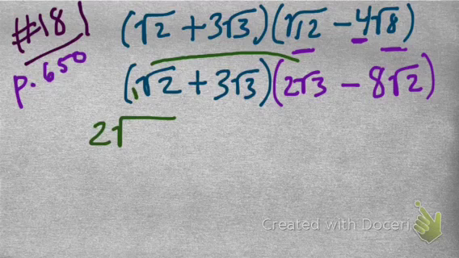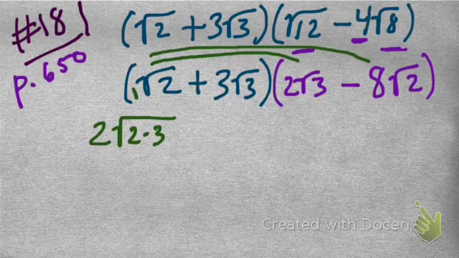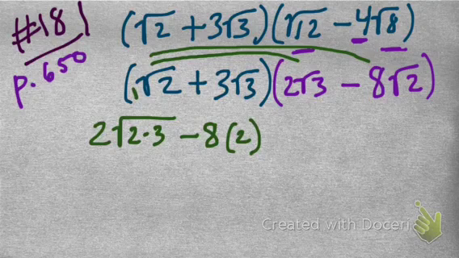And my radical gets the 2 times the 3 stuck underneath. And if I do those two terms, we have negative 8. And then rad 2 times rad 2 is going to be rad 4, which is really 2 without a radical. And then go to my second term of the first binomial.